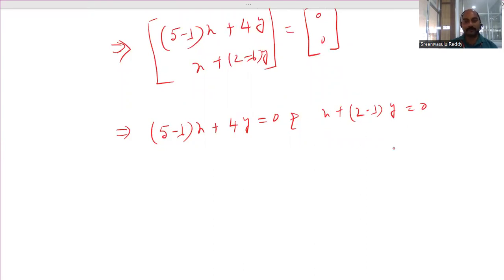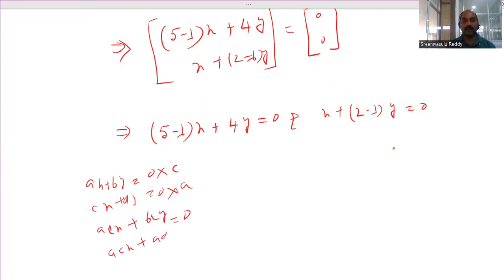In our childhood, solving the system ax plus by equal to 0, cx plus dy equal to 0, you eliminate x: multiply the first equation with the coefficient of x in the second equation, and the second equation with the coefficient a, then we get acx plus bcy equal to 0, acx plus ady equal to 0.